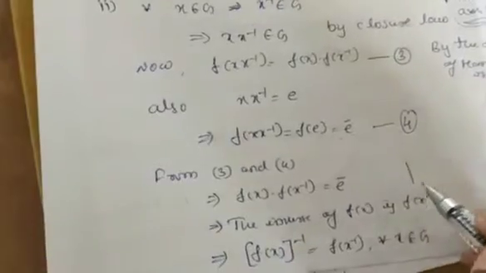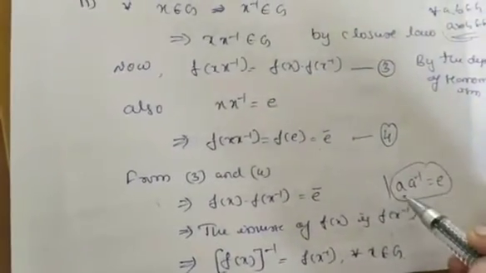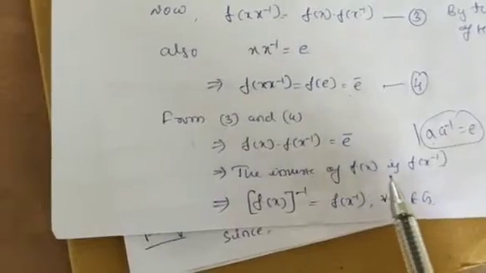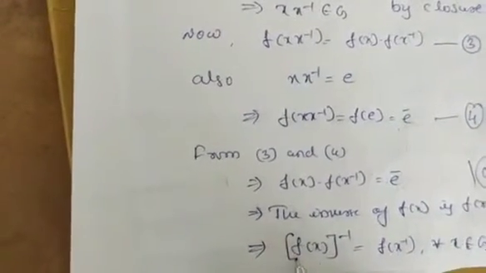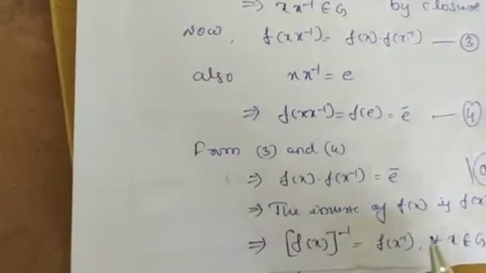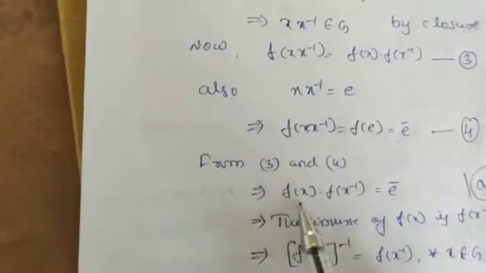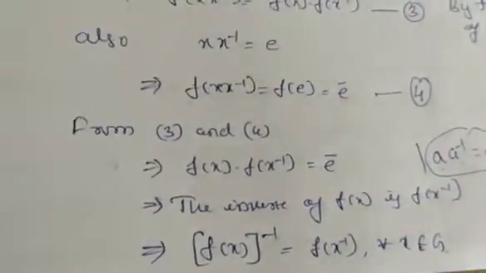We know this because a into a inverse equals e means a inverse is the inverse of a. So f(x) whole inverse is equal to f(x inverse). This is the second result.